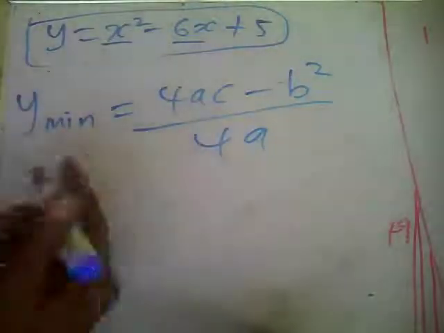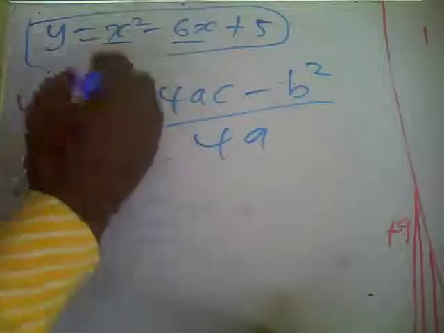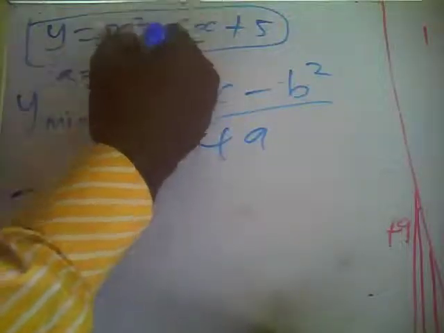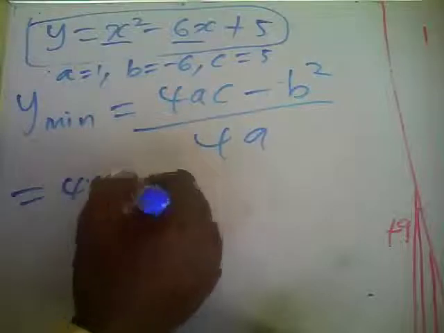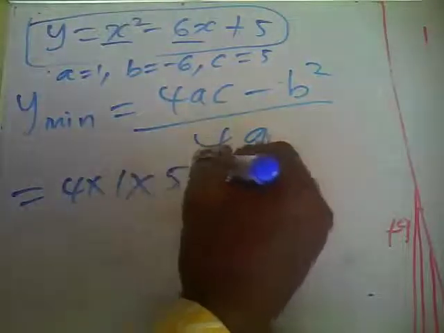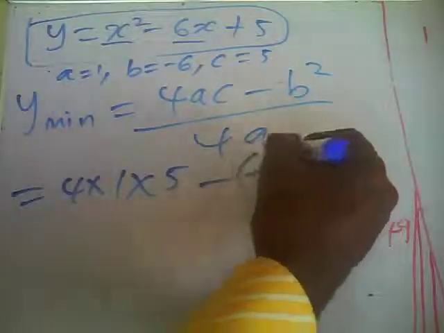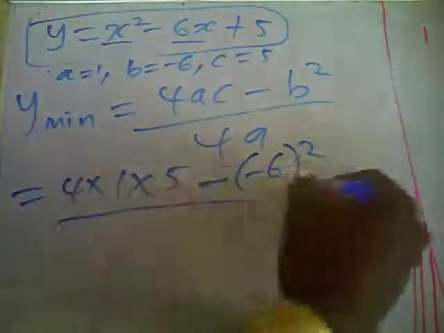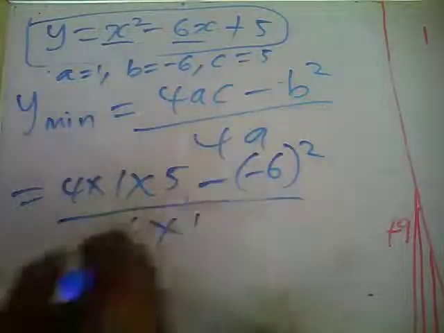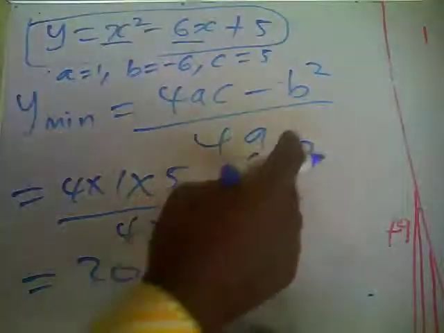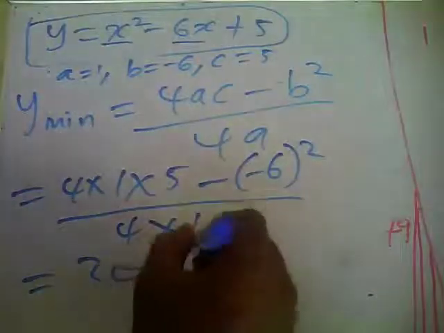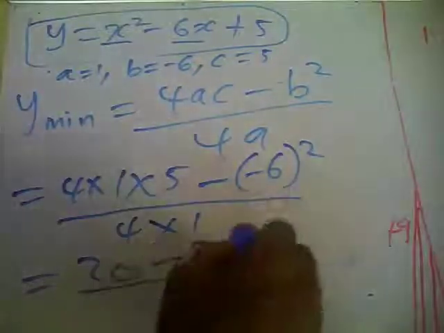Our a is 1, b is minus 6, and c is 5. Substituting, we have 4 times 1 times 5, which is 20, minus b squared, which is minus 6 squared, that is 36, all over 4 times 1.